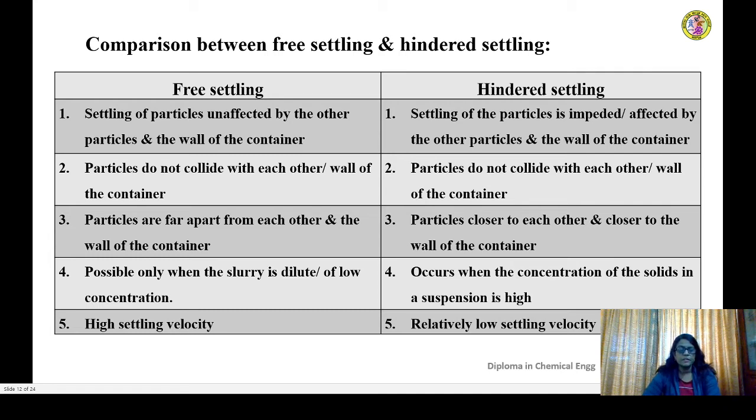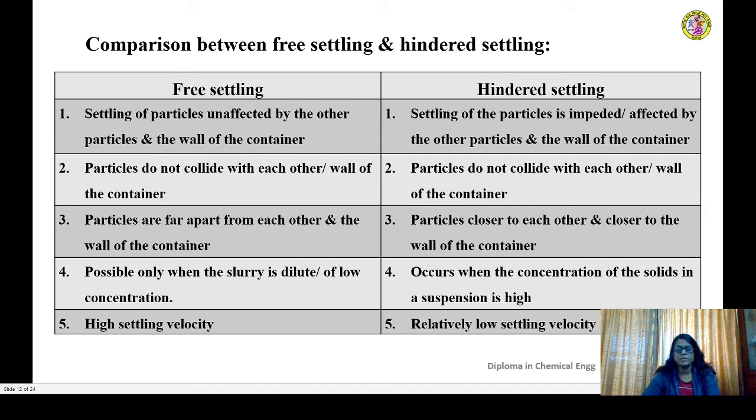So the next difference between free settling and hindered settling is about how the concentration causes free settling and hindered settling. If the concentration of the solid in the given slurry is low, or if the slurry is dilute, then we expect the free settling process to take place.